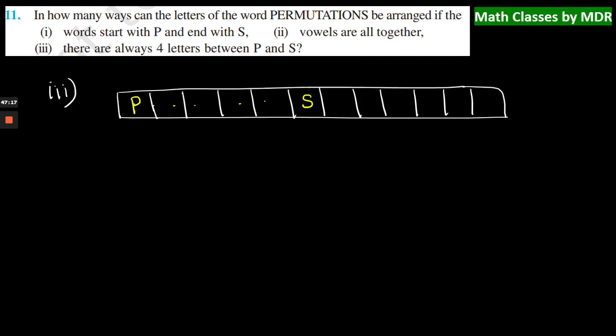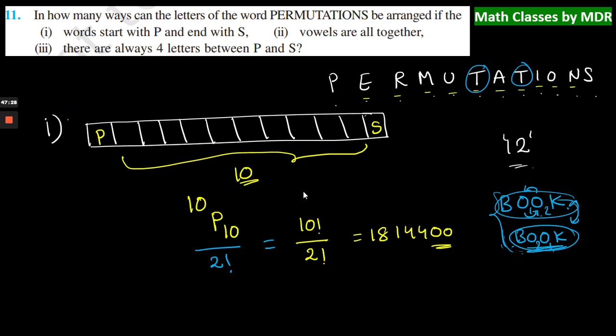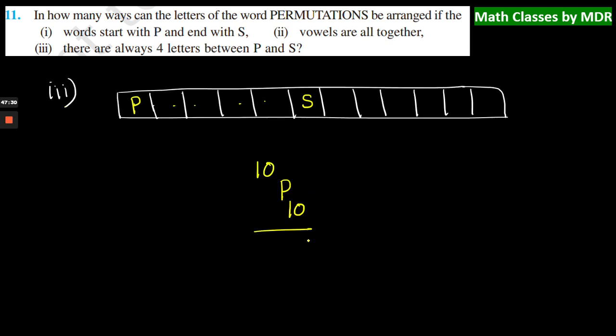So now with these 10 letters, how many arrangements can we make? 10 out of 10, so 10P10. And if there are any repeated letters, you have to account for that. So what is repeating here? T is repeating, so we divide by 2 factorial. Then P and S only should be fixed here.